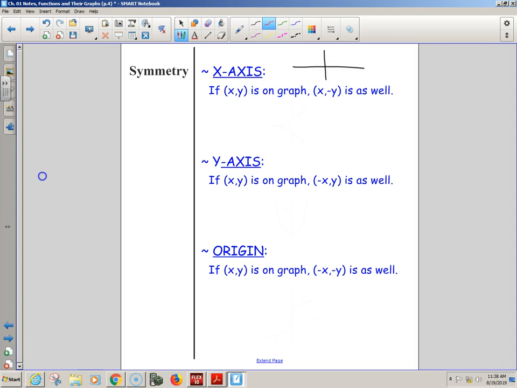Because a function is y equals. You're plugging in negative for the y. And why is that a problem?